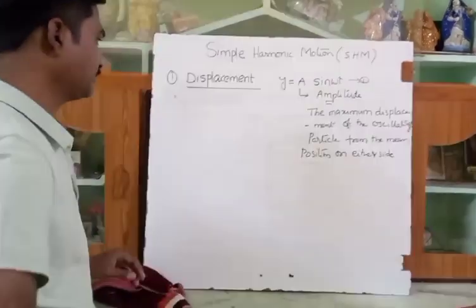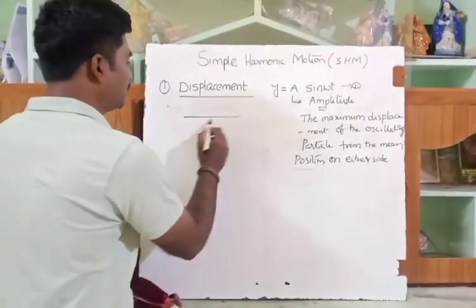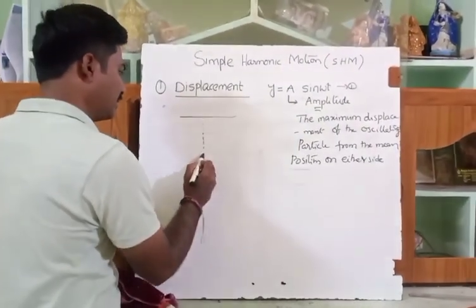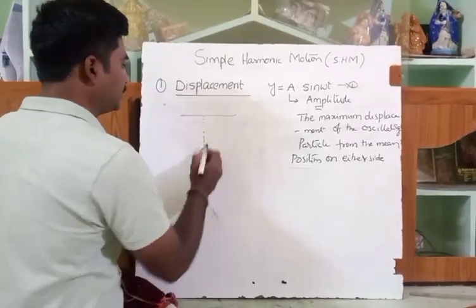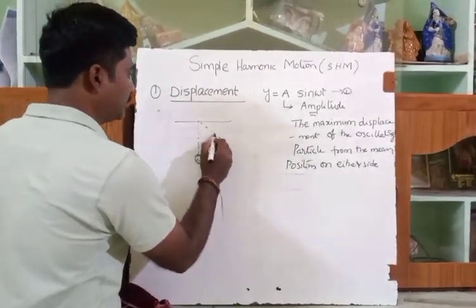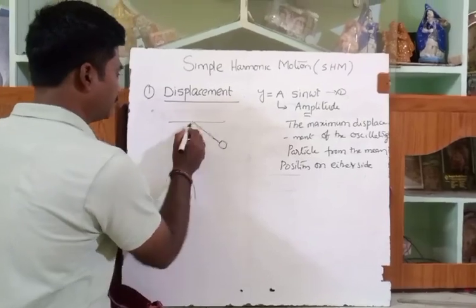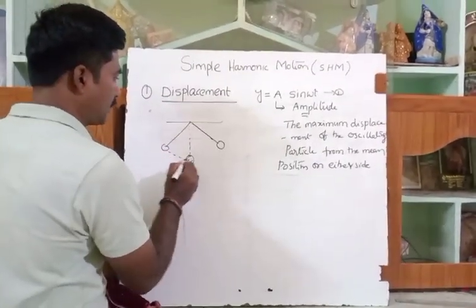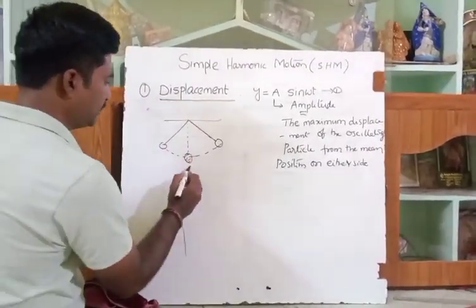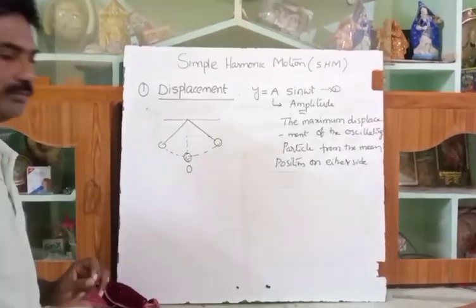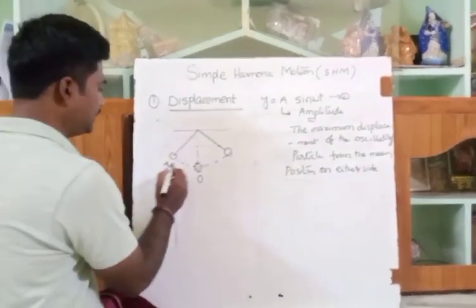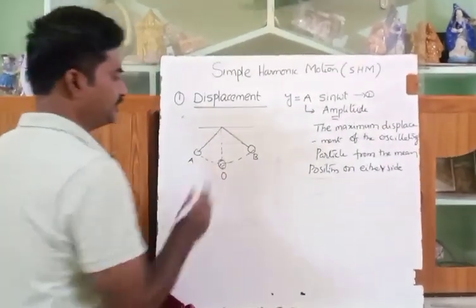Here, see, a simple pendulum diagram. See this. This is the mean position of the simple pendulum. Here these are the extreme positions of the simple pendulum.